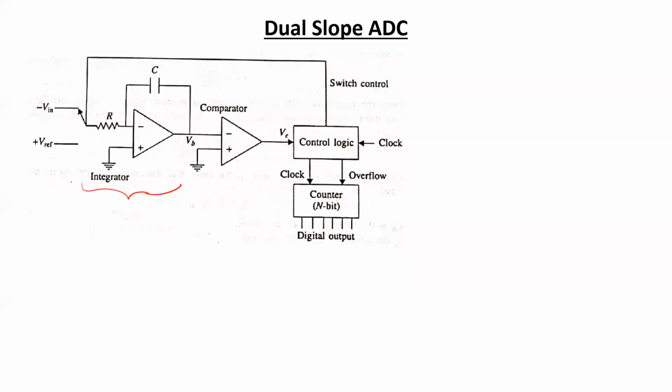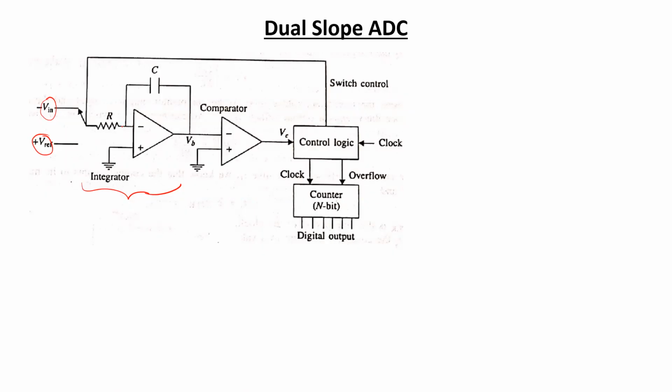Two different straight lines will be produced depending upon the magnitude of the two different voltages. So one voltage that is going to be integrated first is the input analog voltage, and the negative magnitude of the input analog voltage is taken in this case, and the other voltage that the integrator is going to integrate to generate a straight line is the reference voltage.